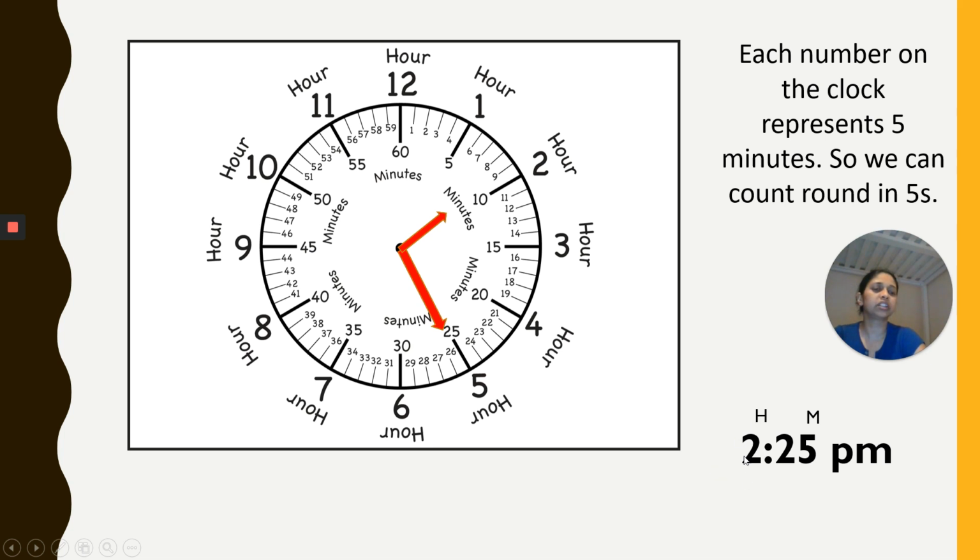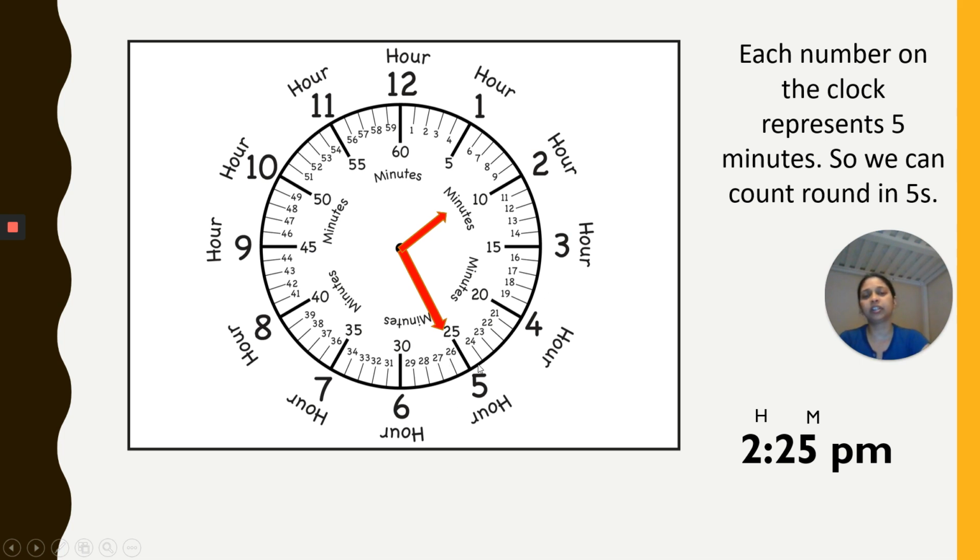I gave you a little clue over here, which is H for hours and M for minutes. And like I said, each hour is represented in 5 minutes and it goes into your 5 times tables.